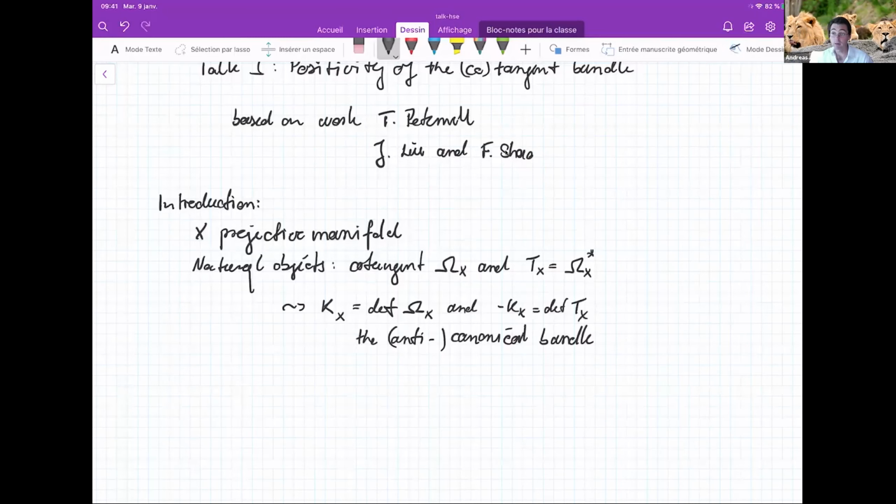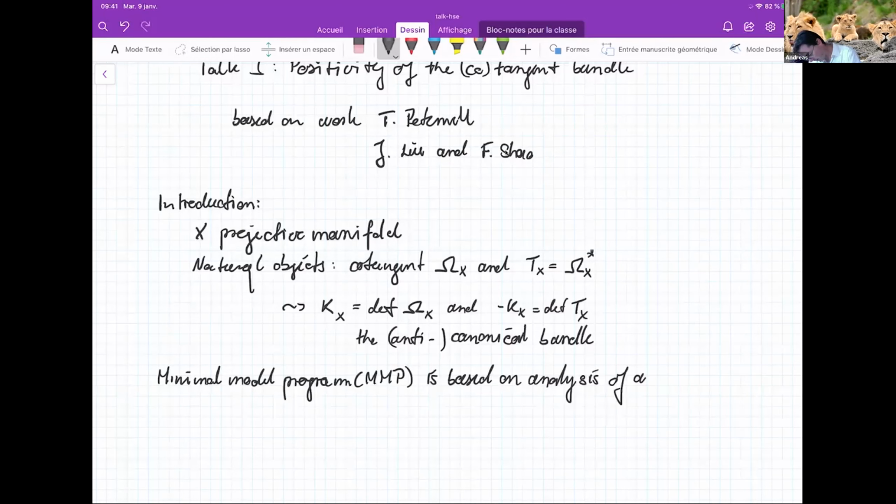And now the minimal model program (MMP) is based on analyzing exactly these two line bundles, the canonical or anticanonical divisor.